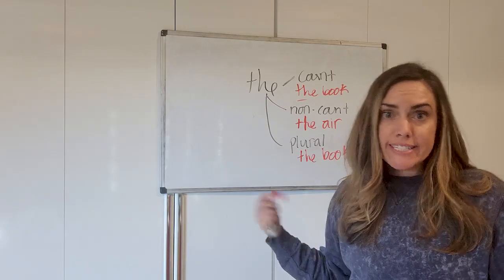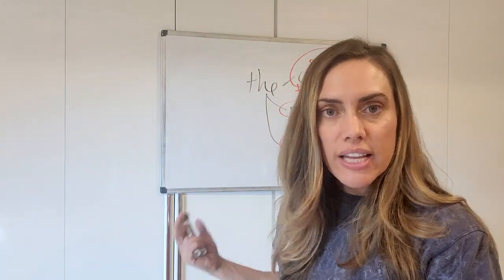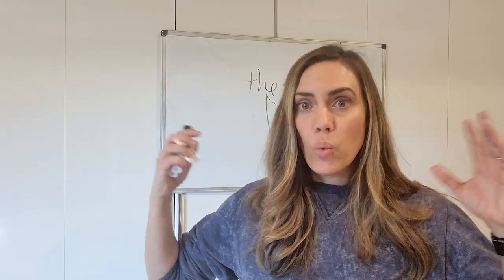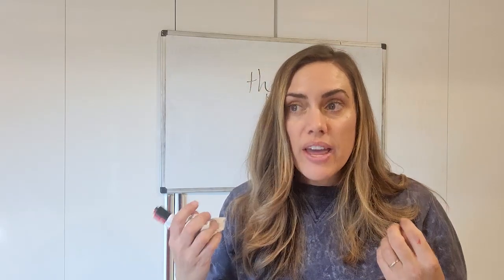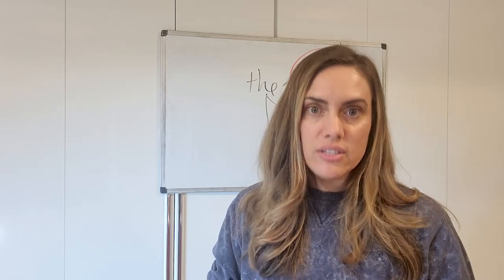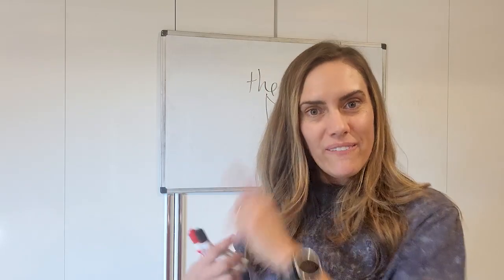Count, non-count, singular, plural. What I'm saying is that this rule is clear. It's clear. But what's not clear is which nouns are count and which are non-count. And to remember that, okay? So you really need to learn about count and non-count nouns, okay? Which is what I'm going to talk about right now.